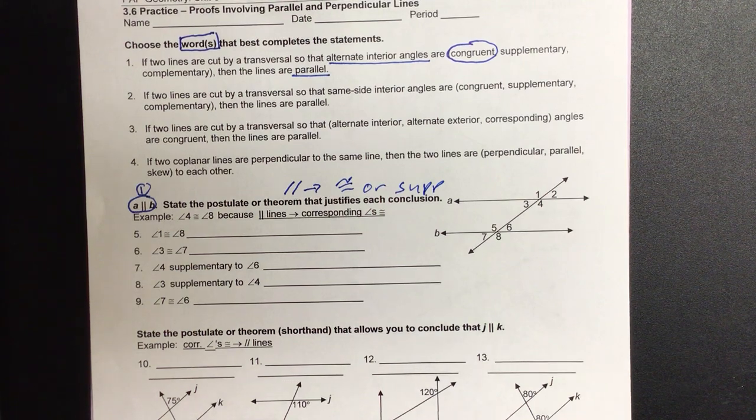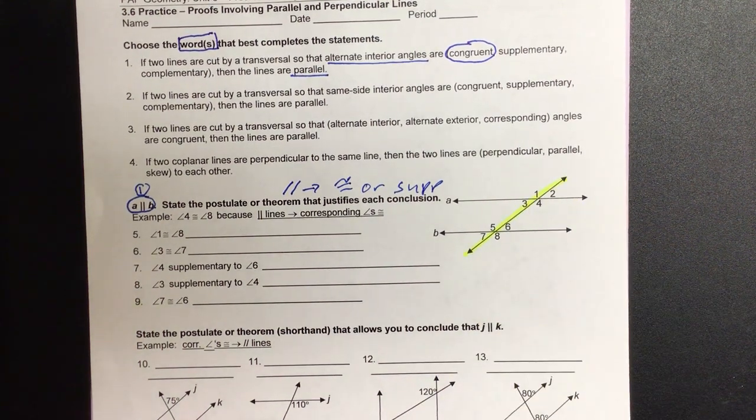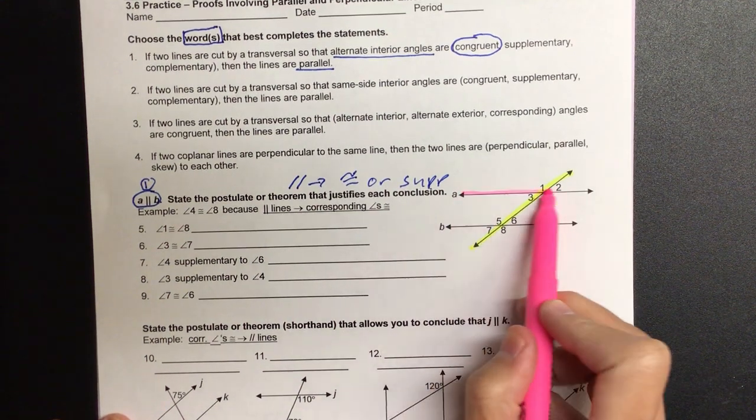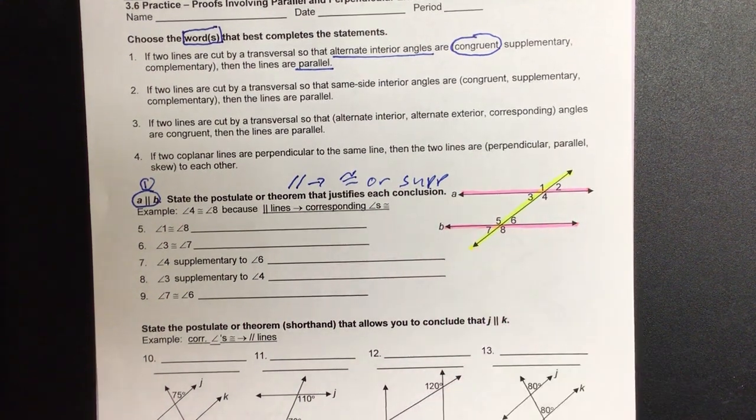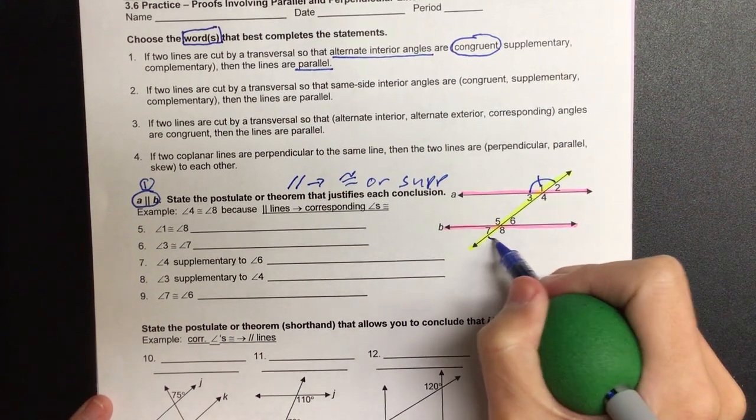So my first one says angle 1 is congruent to angle 8. Let's start with the transversal. Get my two lines that are parallel by the given. So we have angle 1 is congruent to angle 8.